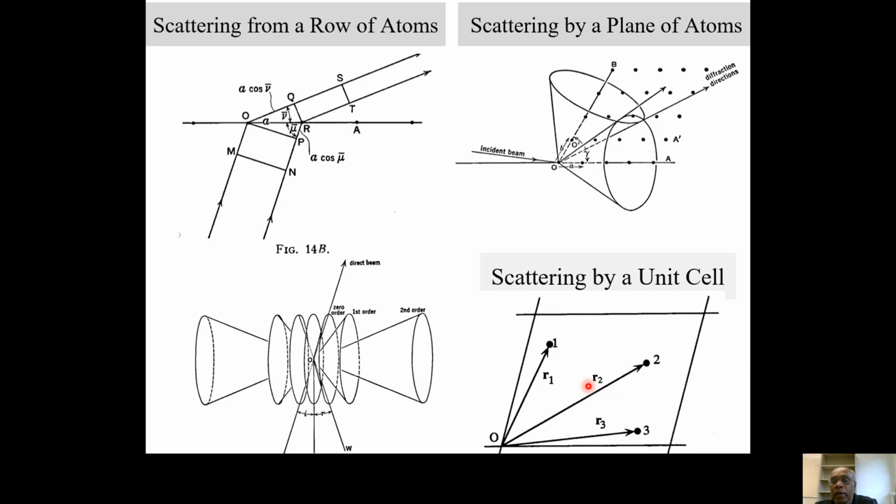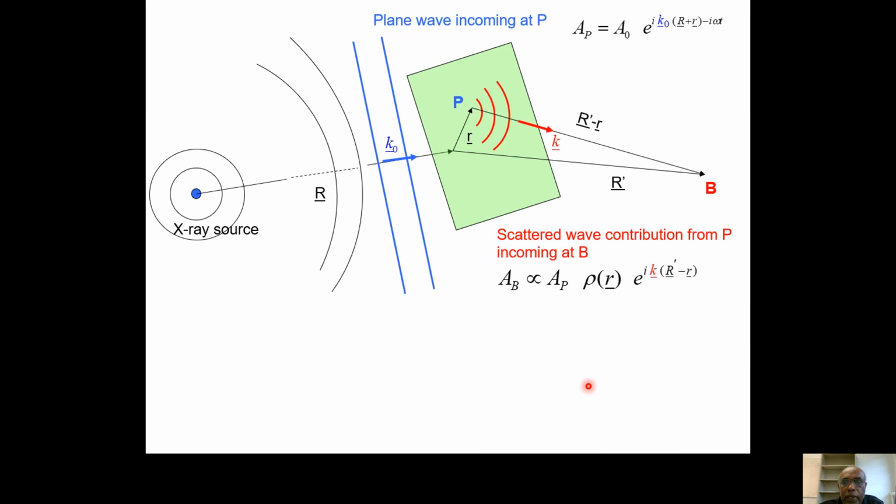Then we can extend this unit cell to the entire crystal, because the crystal has translational symmetry. Because of that, we can consider just the unit cell and expand it to the entire crystal. That's the whole idea. So now let's go ahead and start this analysis.